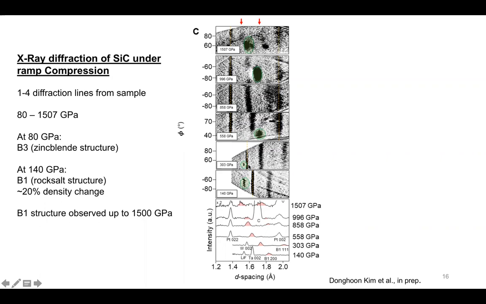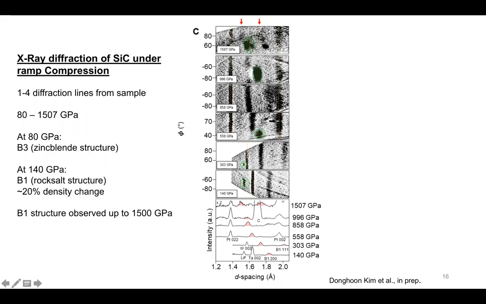So these are just a few sample diffraction images in d-spacing azimuth space. Here you can see at 140 GPa, you get the nice diffraction line from the 200 peak, and you can follow it. Here it is at 300 GPa, 500 and something, 900, starting to get weak around 1,000 and barely visible here at 1,500.